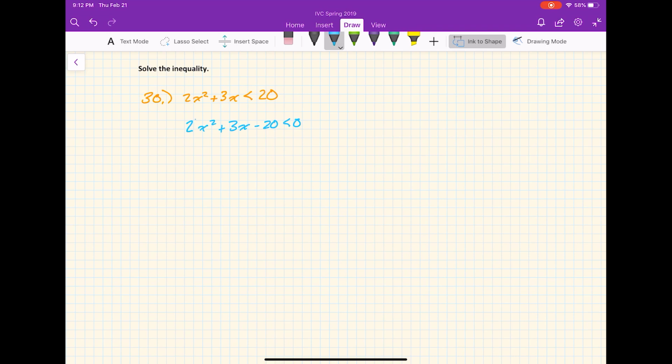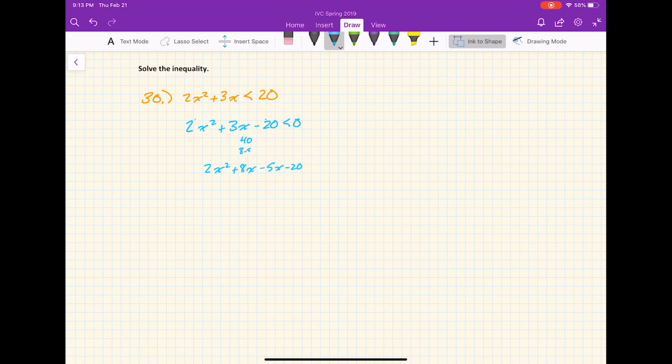We're basically going to have a parabola that opens up, but let's see if we can get this factored down. 2 times 20 is 40, so that's 8 and 5. 8 times 5 would give me 40. So 2x squared plus 8x minus 5x would give me my 3x minus 20.